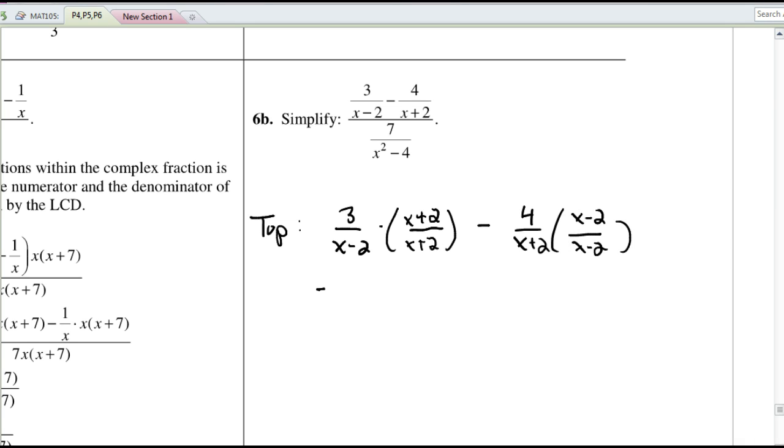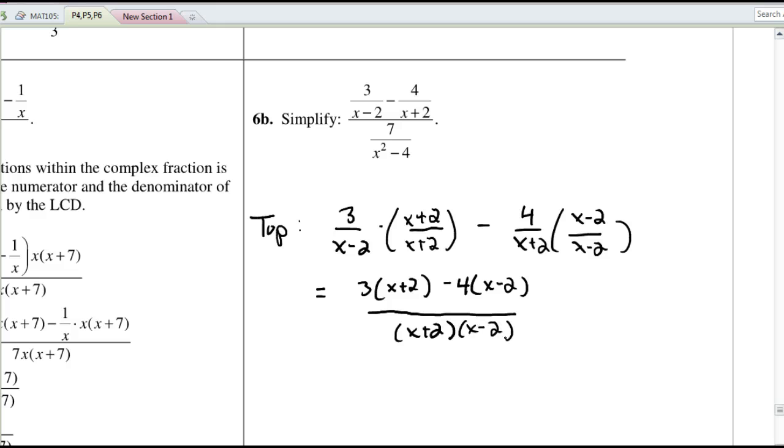So we're going to end up with 3 times x plus 2, and then I'm just going to combine the numerators in one step here, so we're going to get minus 4 times x minus 2, and then on the bottom you're going to get x plus 2 times x minus 2.